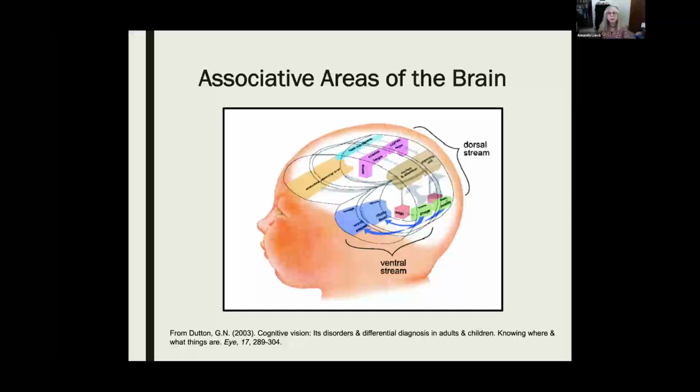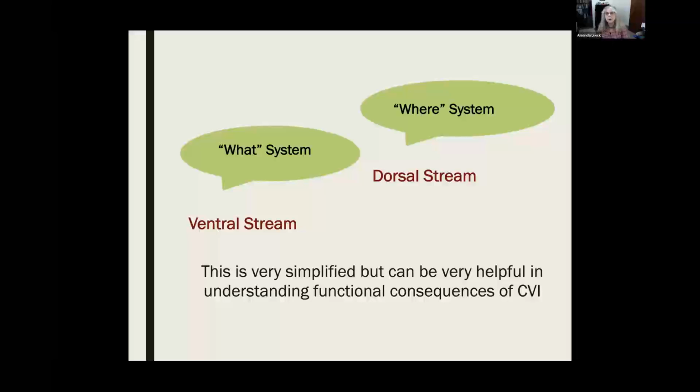One of the reasons that we use it is that it does help in understanding some of the issues that children with cerebral visual impairment have. So one reason that this simplified method can be helpful is that we can think about the ventral stream as the what system and the dorsal stream as the where system.